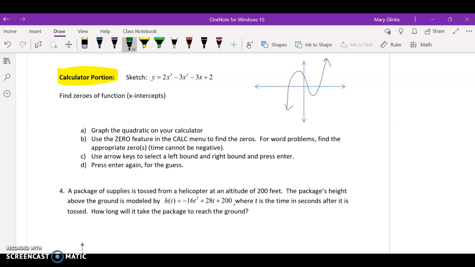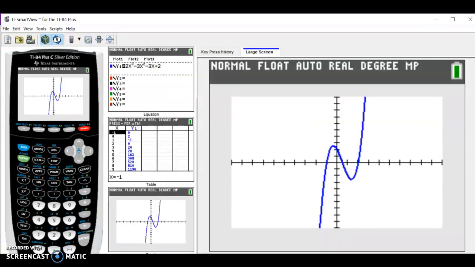If we wanted to solve the equation 0 equals this, again, we're looking for your x-intercepts because we're looking for your zeros. So I can see that there would be 1, 2, 3 different solutions. So we wanted to practice that skill again of calculating those x-intercepts.